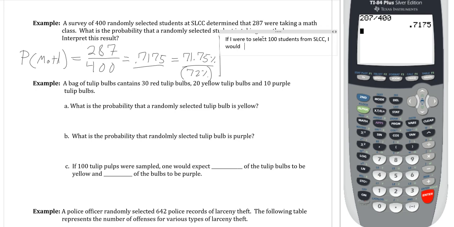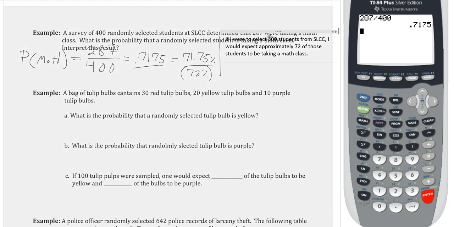I would expect approximately, in this case based on my percentage, 72 of those students to be taking a math class. That is how I'm going to interpret probability. I'm going to take my percentage and put that in terms of 100.